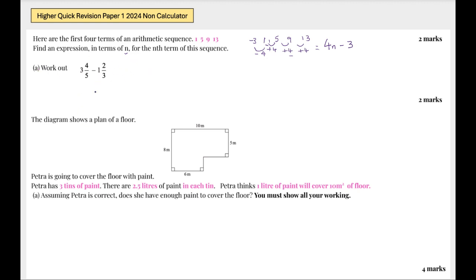Let's sort out our mixed numbers first. We've got 3 times 5 is 15 plus the 4 is 19 over 5. Minus 1 times 3 plus the 2 is 5 over 3. Well, we need to have the denominators the same, don't we? So we'll work out what we can do. Well, I know that we can times the whole of this, top and bottom, numerator and denominator, by 3, because I know 15 is the next number they go into equally.